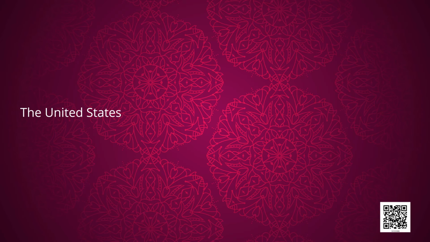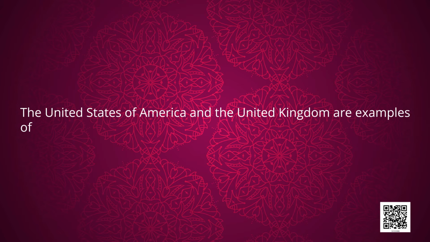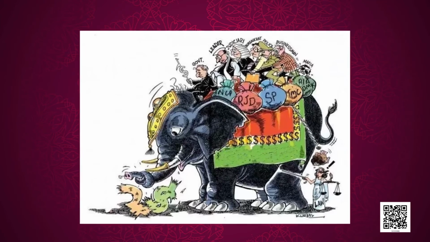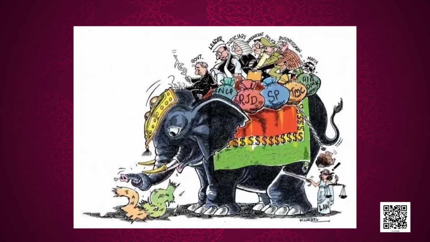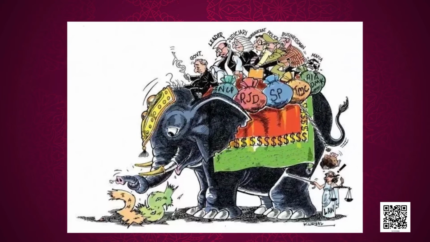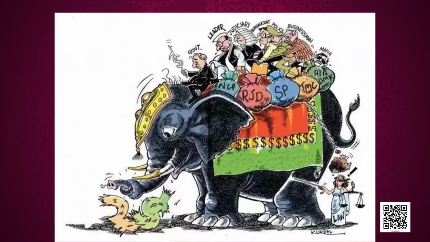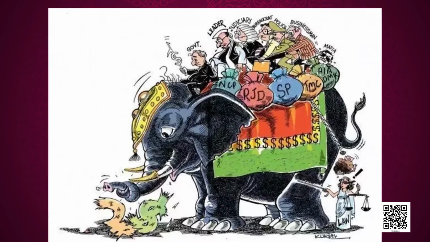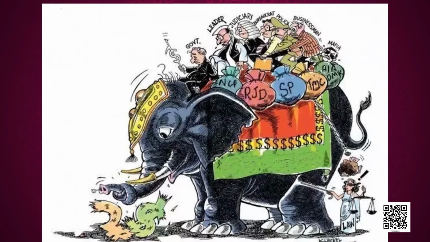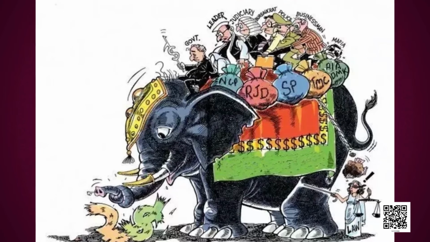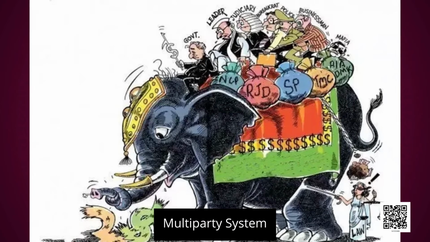The United States of America and the United Kingdom are examples of two-party system. If several parties compete for power and more than two parties have a reasonable chance of coming to power either on their own strength or in alliance with others, we call it a multi-party system. Thus, in India, we have a multi-party system.